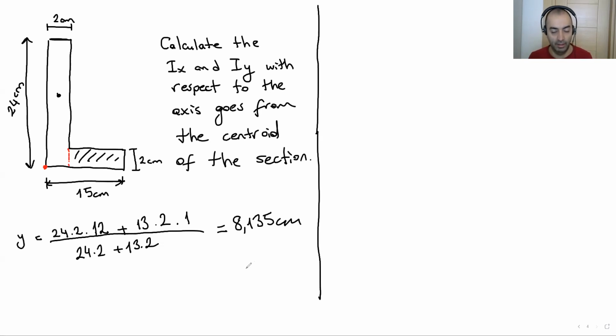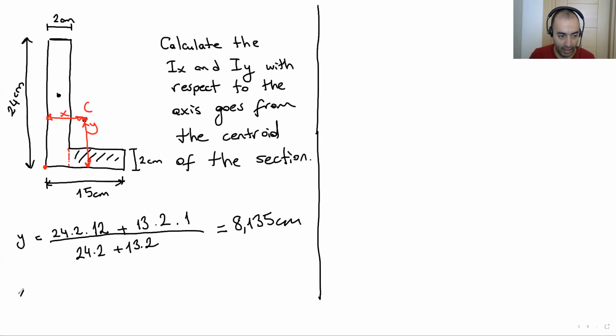Okay. This is the y distance. Okay. Centroid is here. By the way, this is the centroid. Here is y. Here is x. Okay. We are just calculating this x and y.